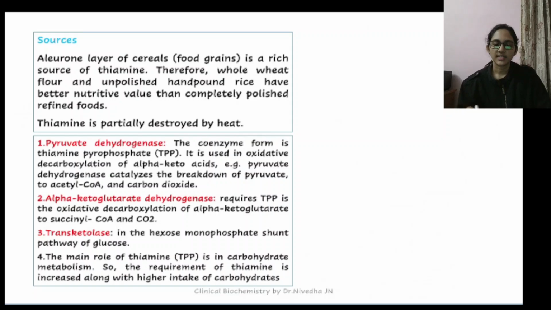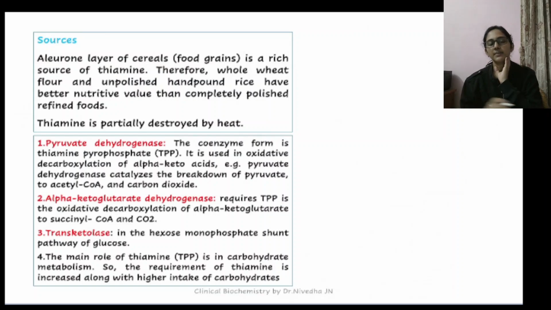So first, the aleurone layer of the cereals is a rich source of thiamine. What happens when you take polished rice? Polished rice will remove the aleurone layer.